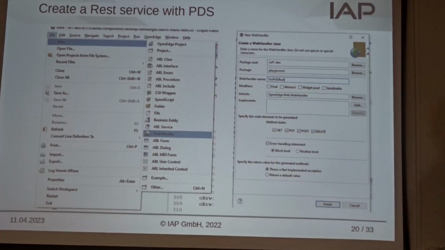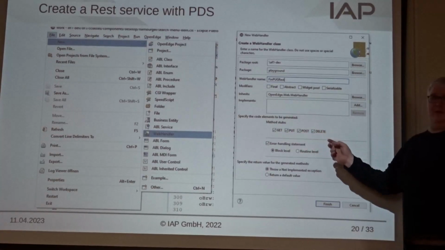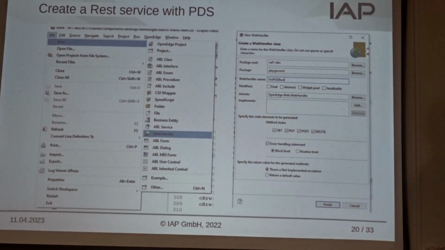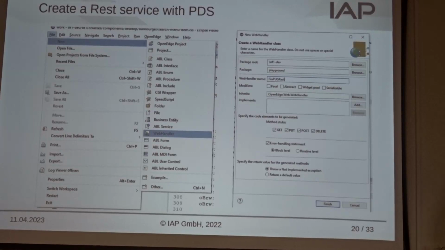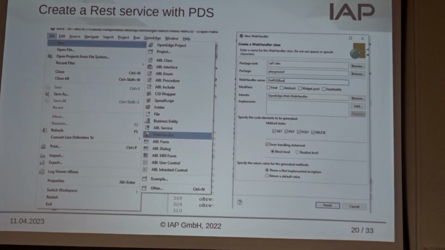Then you can say, okay, I want to handle get, post, and delete. That's the most important methods in the REST interface. I know much more, but these four are the important ones.